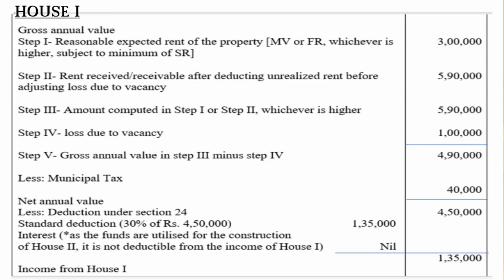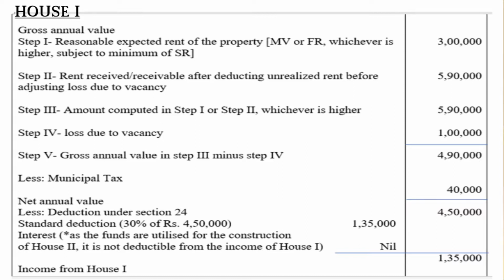Now, once we have calculated the gross annual value, we have to deduct the municipal tax. Municipal tax here given is 40,000. One condition to be remembered in case of deduction of municipal tax, that it is deductible on payment basis, not on due basis. If the municipal tax is paid in the year in which it is paid, in that year it is eligible for deduction.